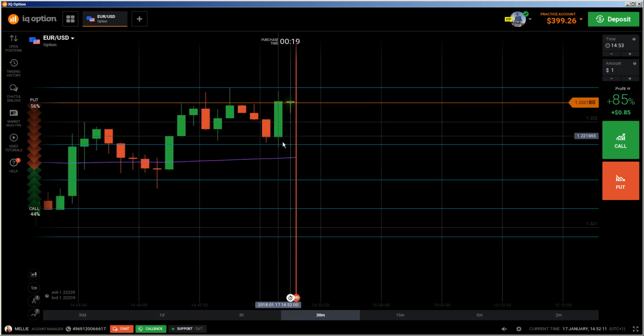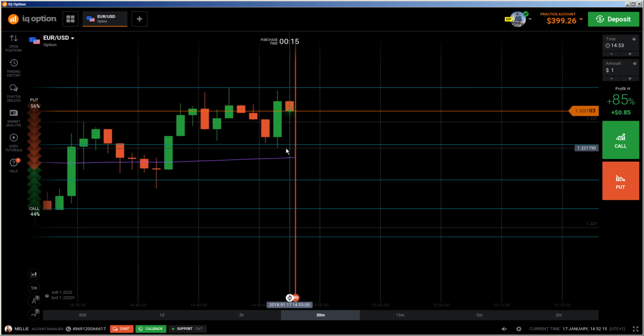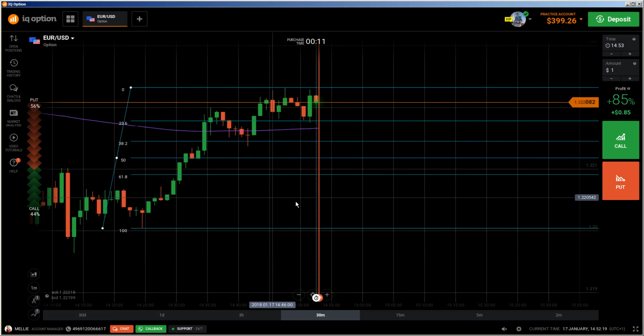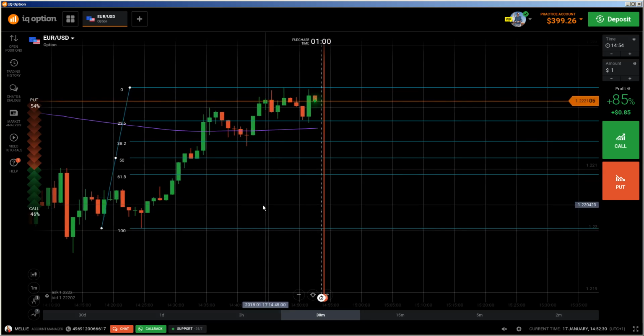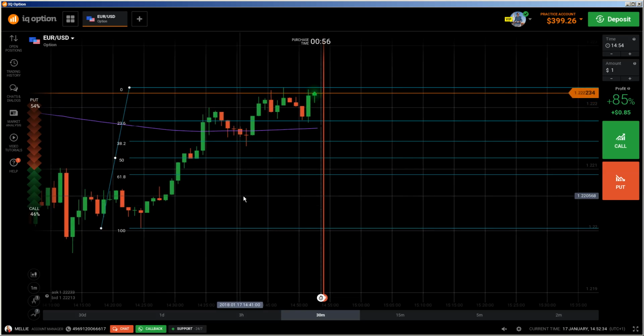It tried, but it got a rejection here, and this is the reason why I also use other indicators, because they show me the locations where price interacts, and so you don't get so easily trapped by the market.